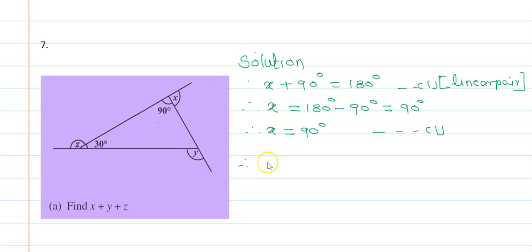Therefore, angle y is equals to 90 degree plus 30 degree. Okay, now what is the reason here? Exterior angle property.